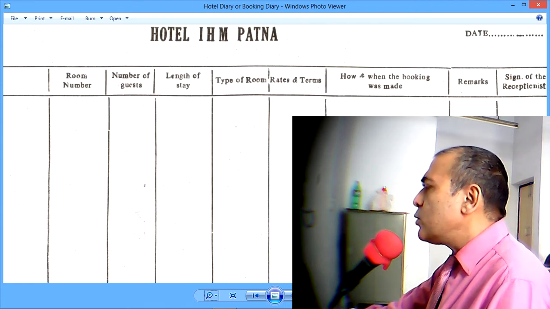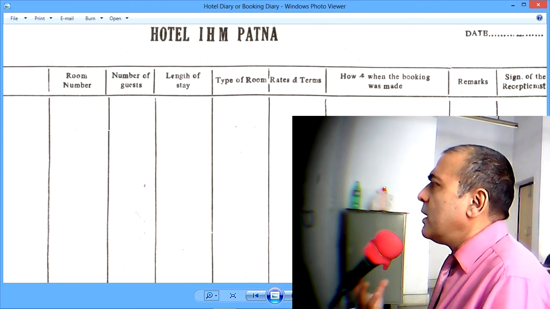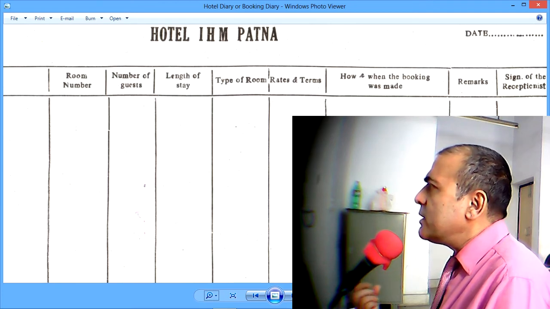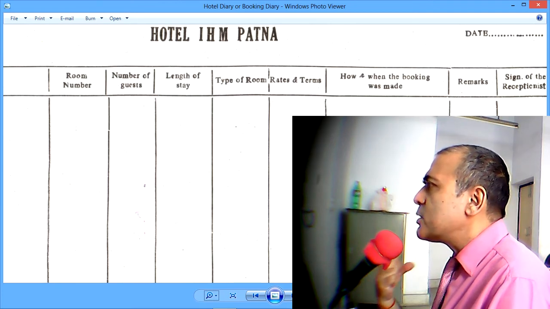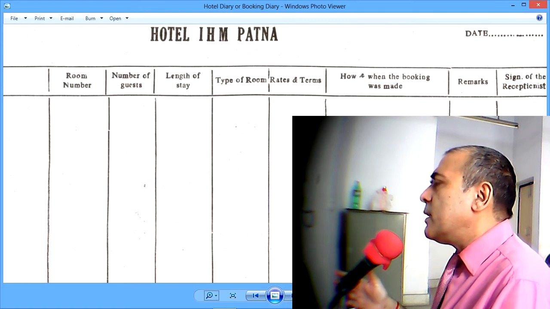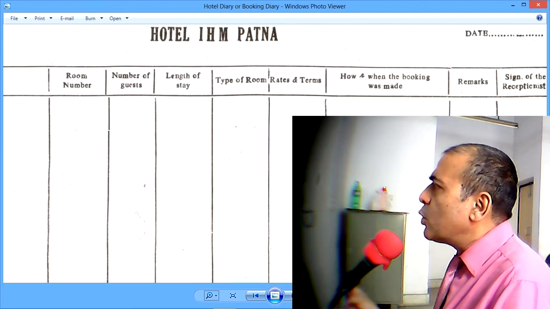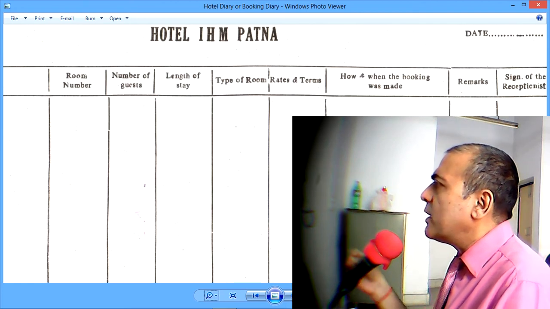Another thing we need to realize here is these terms could also include the food plans. For instance, European Plan means the only thing the guest is paying and getting is the room. But then there is something called CP, Continental Plan, which includes room plus continental breakfast.